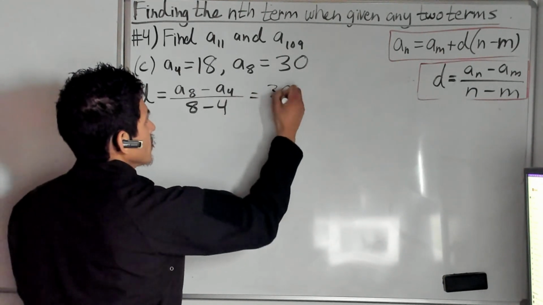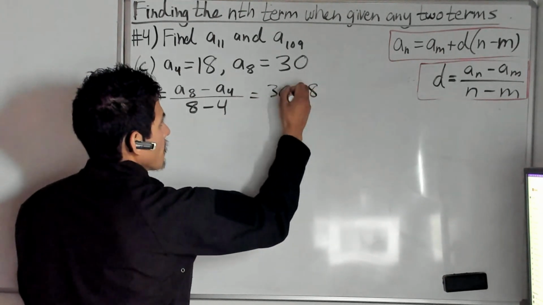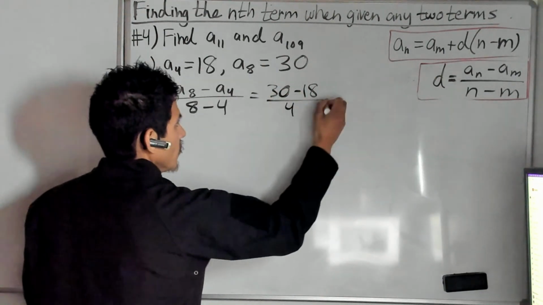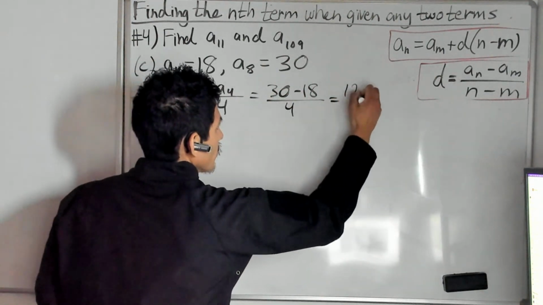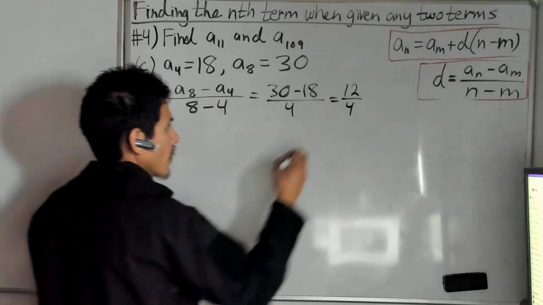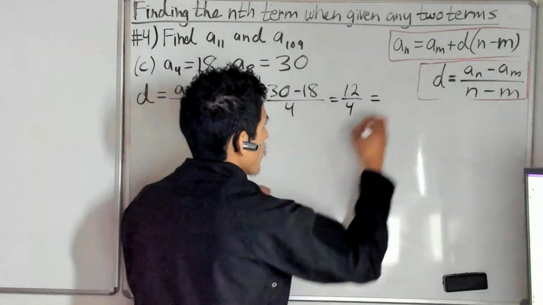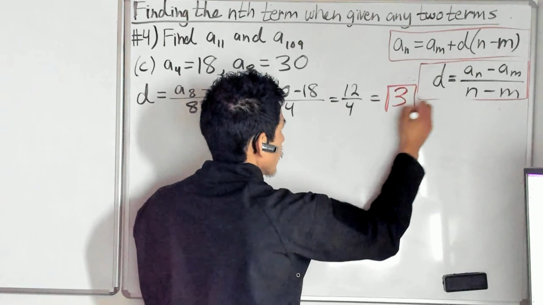Thirty minus 18 over 4, 12 over 4. We get 3 as our common difference.